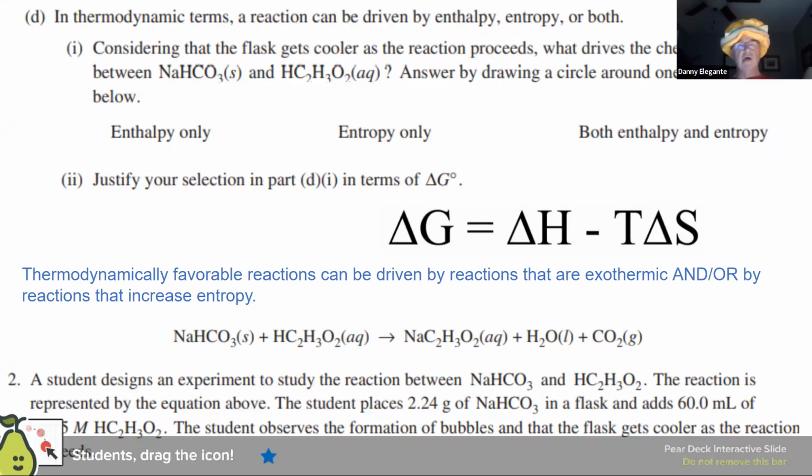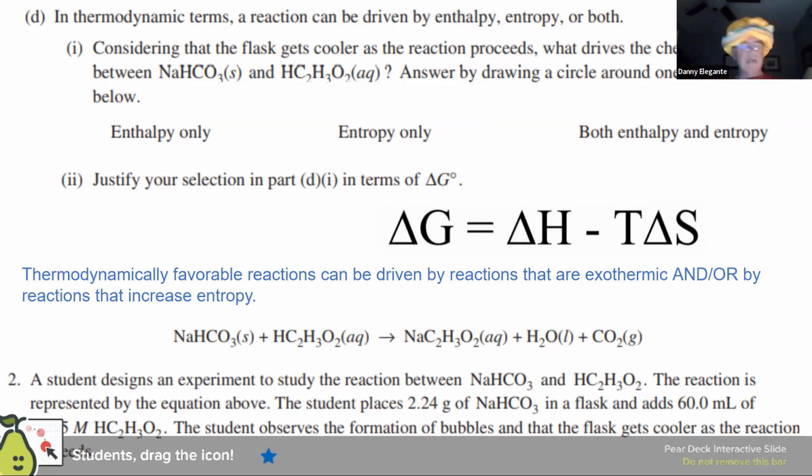So when you take the AP exam, don't forget to break out your pencil and circle things and go, oh yeah, this is bubbles, this gets cooler, those kinds of things. So I know anytime I've got a solid changing into a gas, gases have much more entropy or disorder than solids do, because the gases are bubbling out and they're flying all over the room.